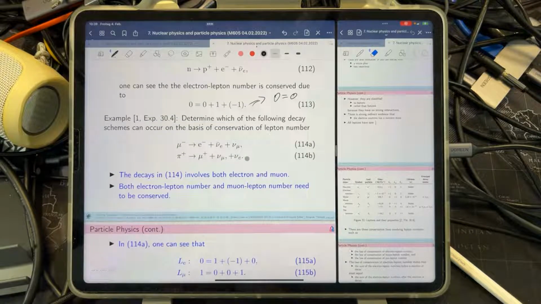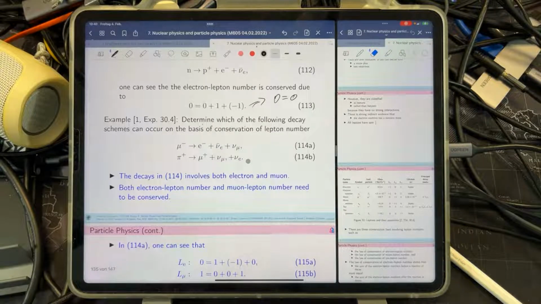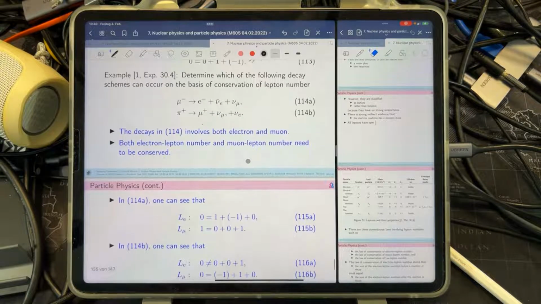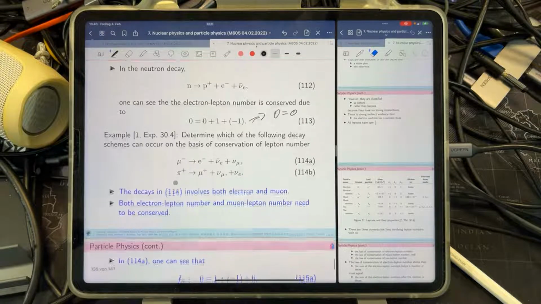I'm not sure whether I have written it correctly. Yeah, already correct. Okay, this one is already correct. I'm afraid that there would be a typo in this one, but there is not.